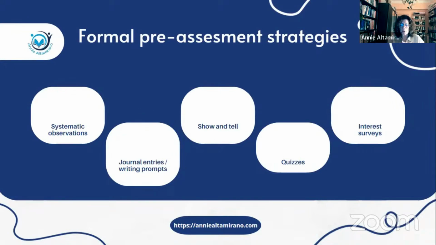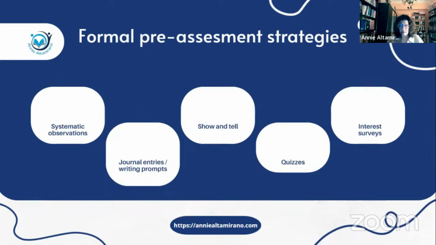We can also use journal entries and writing prompts. That is, we pose a question and students respond in writing. For example, 1 minute writing about how familiar they are with a particular writing genre. Just 1 minute. It's like an entry ticket that can be used.